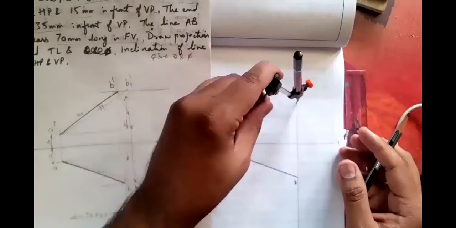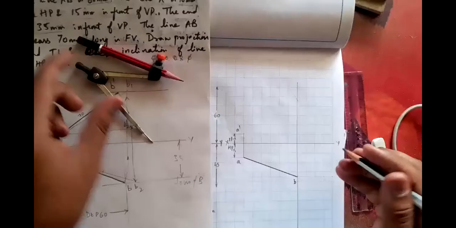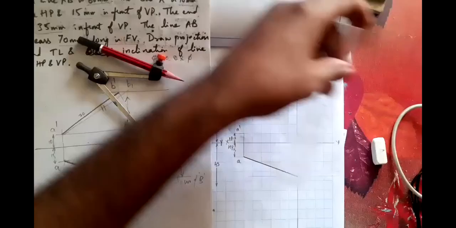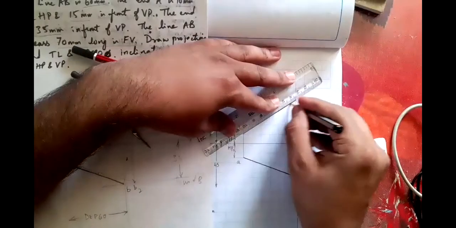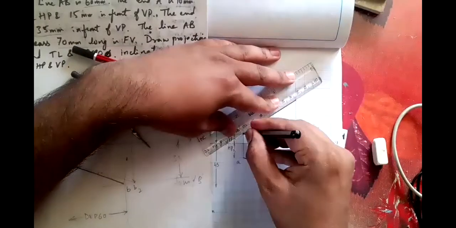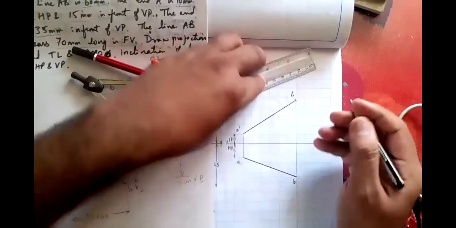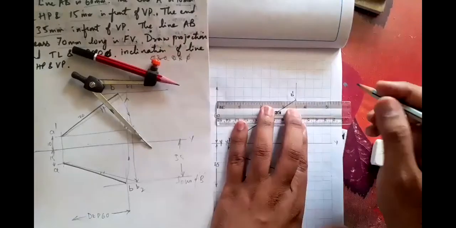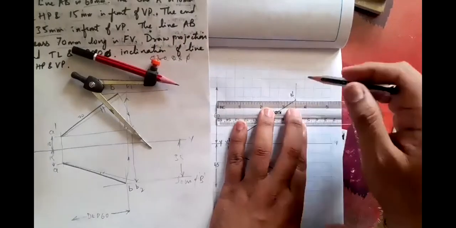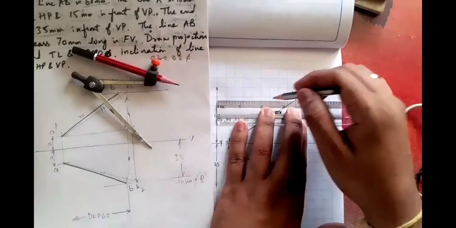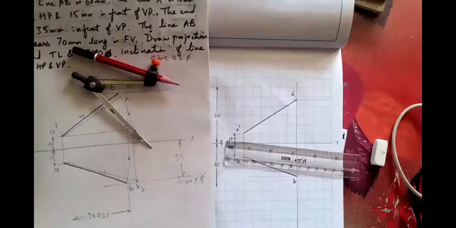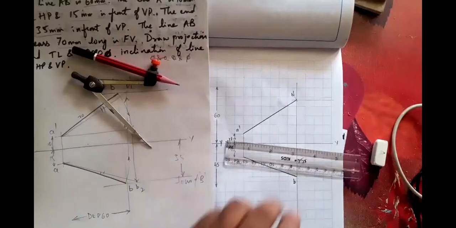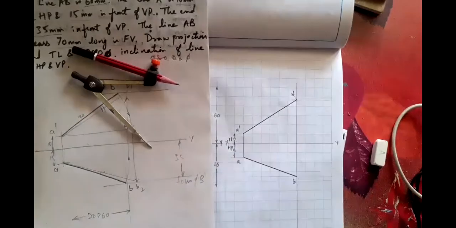So this is the front view. Cannot measure by scale, sir? If you don't have a compass, you can measure and mark by scale, but the compass is the correct method. With the compass you will get exactly the same radius. So we use the compass.